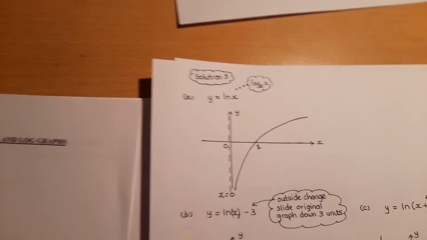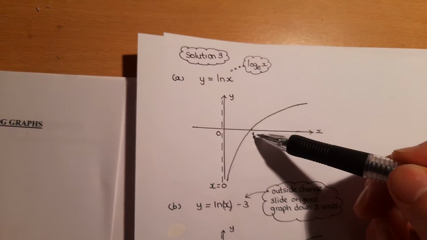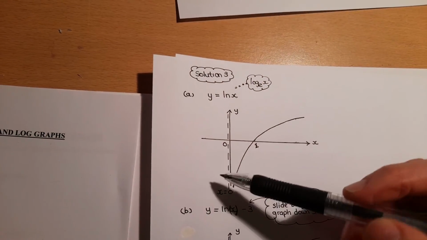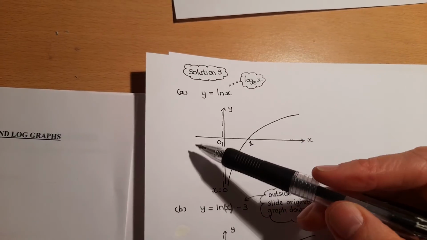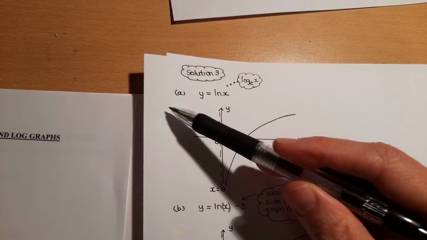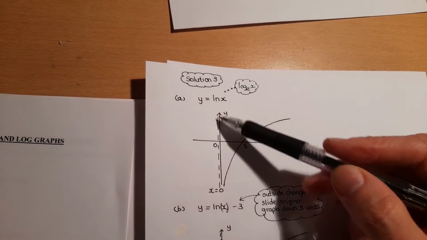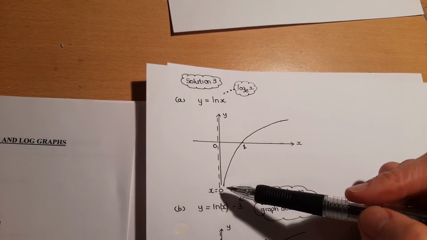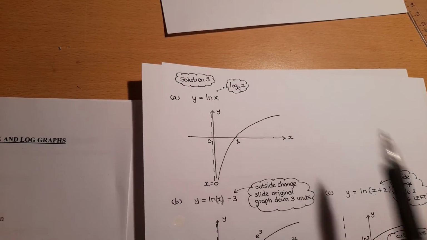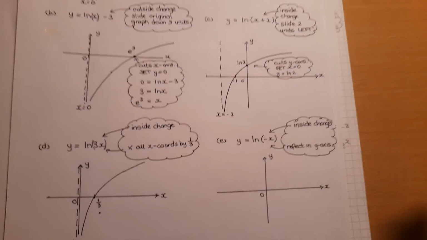Okay, so we go to our original graph. There it is. We're reflecting in the y-axis, so it's now going to be this kind of shape. It's going to cut the x-axis at -1, so it's going to be like that. And then the vertical asymptote again will remain unchanged because we're not sliding the graph right or left. So we'll put the vertical asymptote in first.